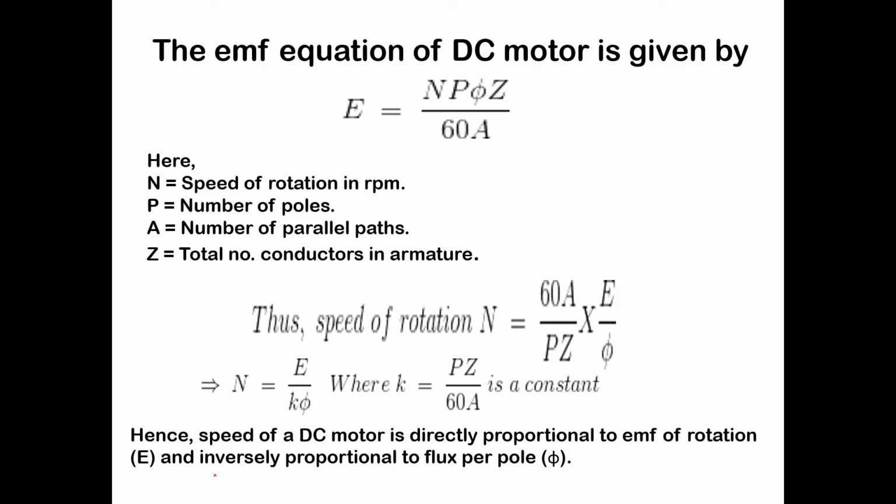Hence, the speed of a DC motor is directly proportional to the EMF of rotation, that is E, and inversely proportional to the flux per pole.